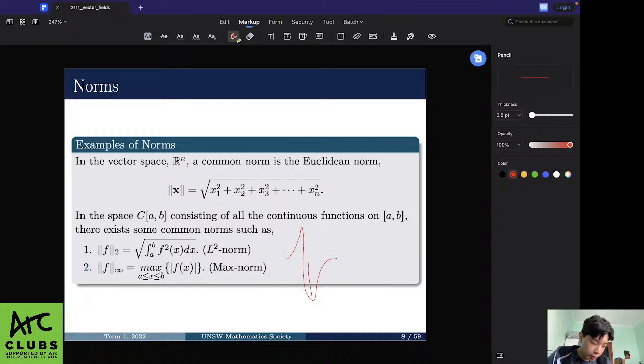And what that does is, if you have a function, it takes the maximum absolute value. So in this function, if this was the x-axis, it would take this point right here, and that value would be our max norm for this function. So, of course, an example is maybe x squared from 0 to 1. And so that would be something like this, where this would be 1, and this would be 1.